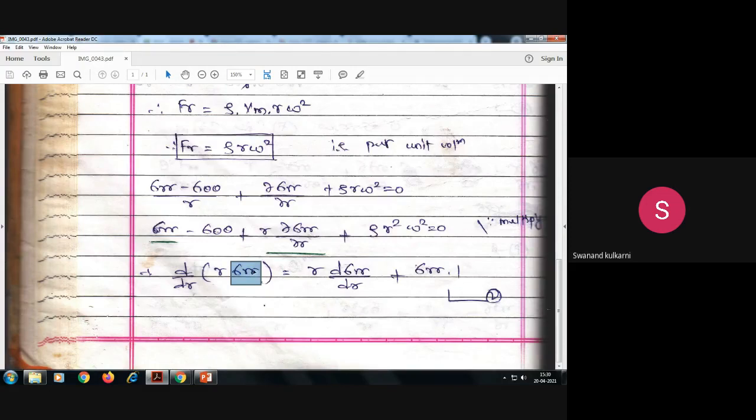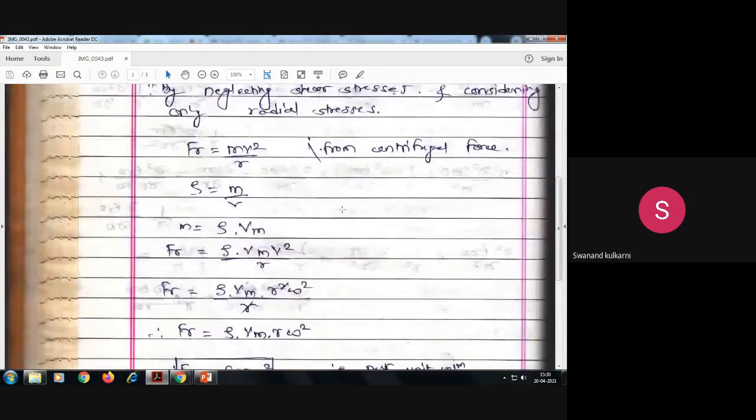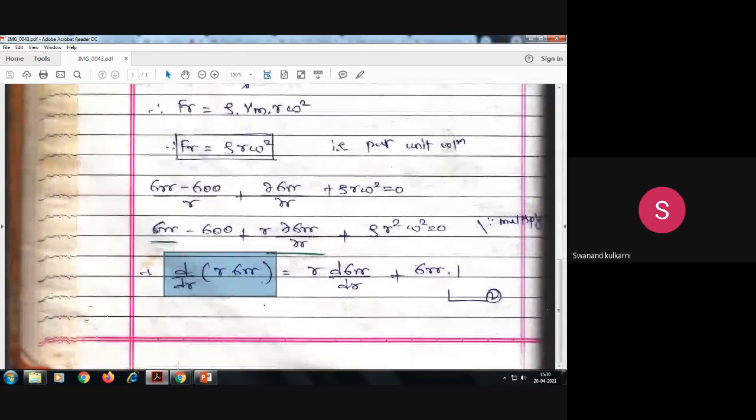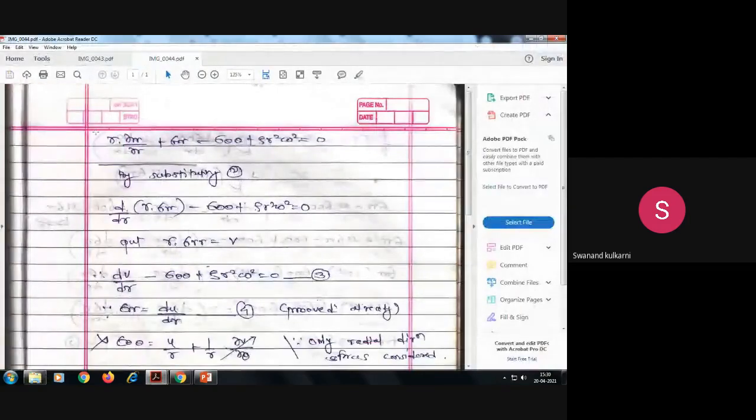So here the derivative of r into sigma rr is written in the form r d sigma rr by dr plus sigma rr. See, here this was the first equation. We have given this as the second equation here. Is it okay? So it is written in terms of their product.